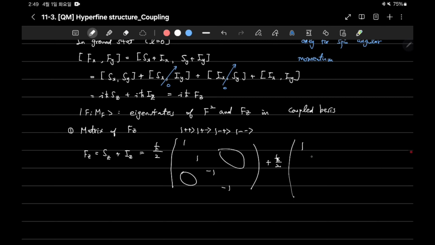In this case, 1 minus 1, 1 minus 1, and the off-diagonal is 0, because the atomic spin is plus minus, plus minus.